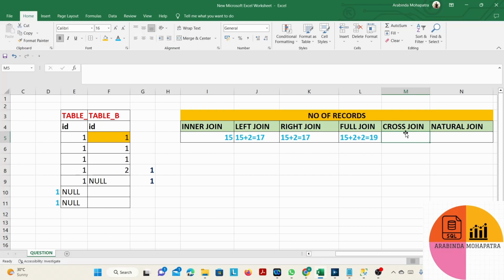Basically, when we are doing the cross join, it doesn't have any joining condition between these two tables. It will process each record from the left side table against the right table, irrespective of whatever value is present.